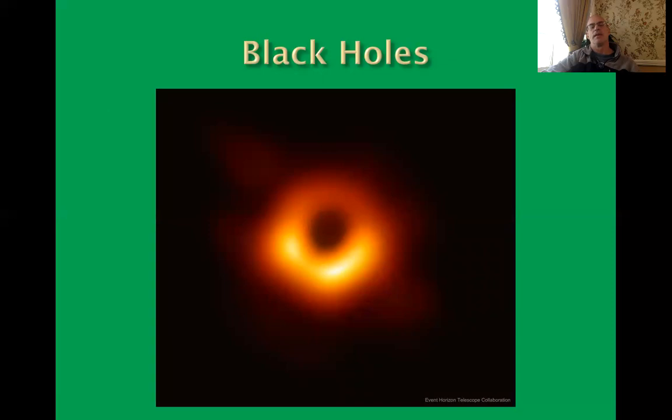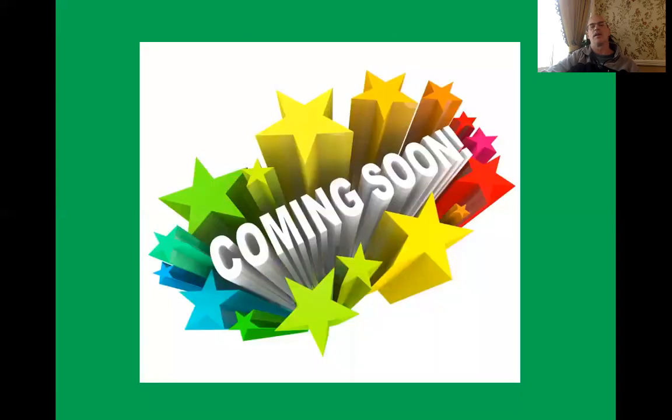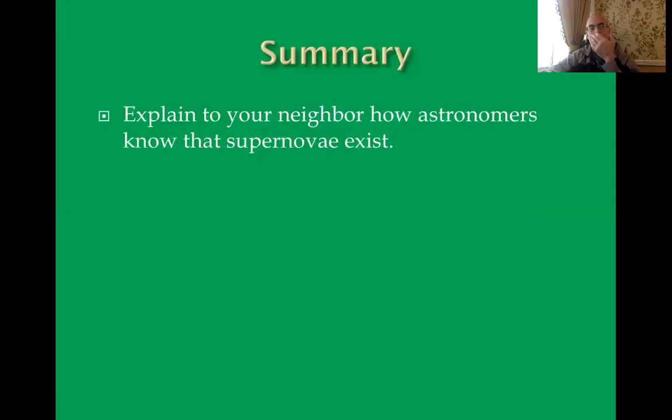It was actually just about a year ago, I believe April 10th, 2019, so a year and a week or so ago, that we actually had the first photograph, or photo image of a black hole. But we've known about black holes for quite a while. Those are also evidences of supernova. And we'll be talking about black holes a lot more in a couple lessons.